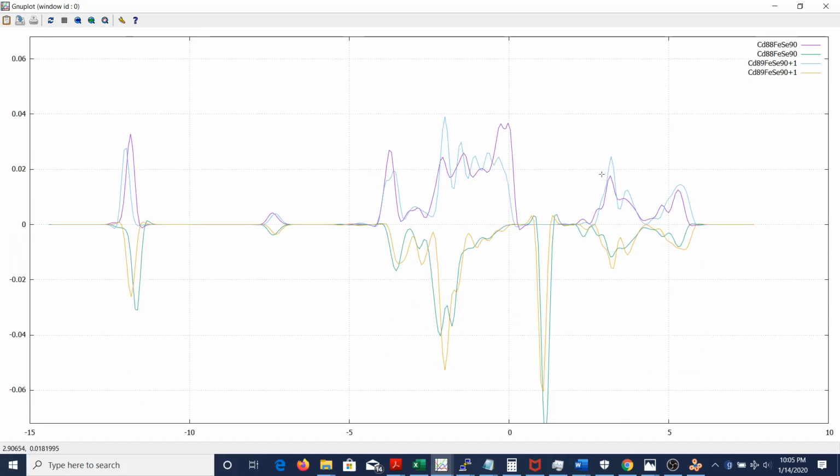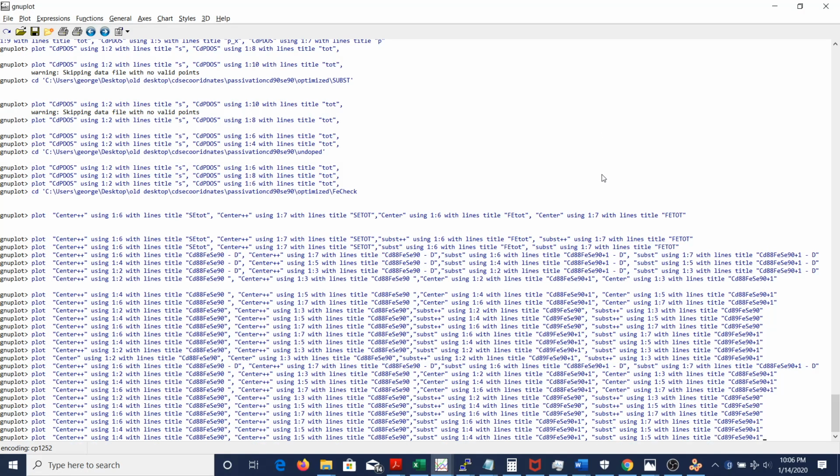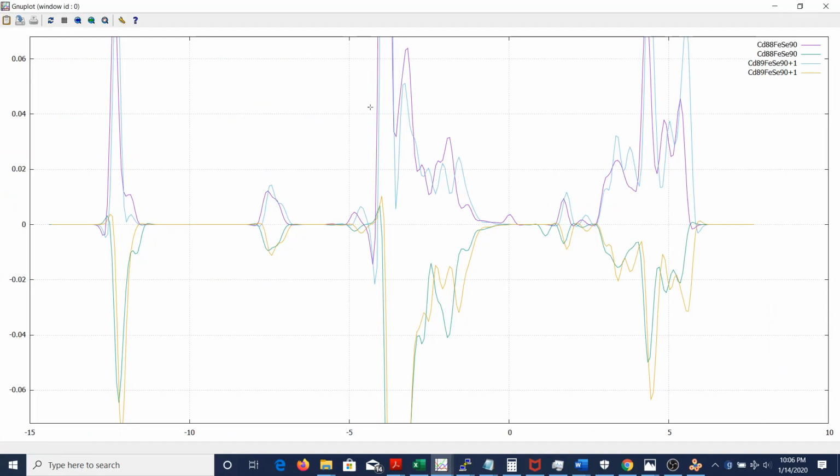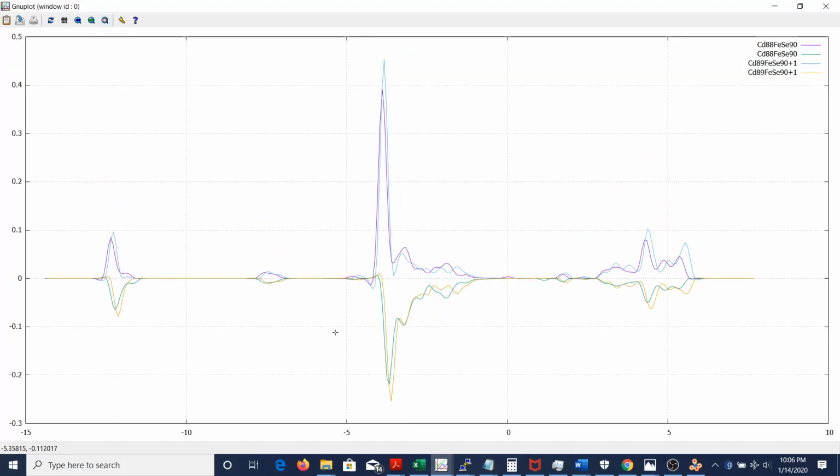As we see, it's not such a huge difference, but it's almost the same compared to the other two cases. And then we go off to the s orbital. So this is our s orbital. Yes, again, even this too is almost the same.